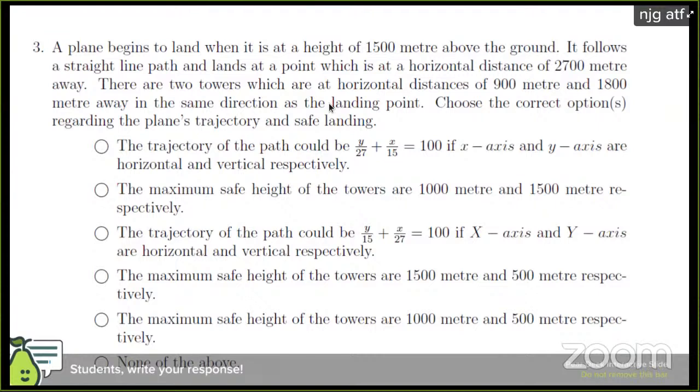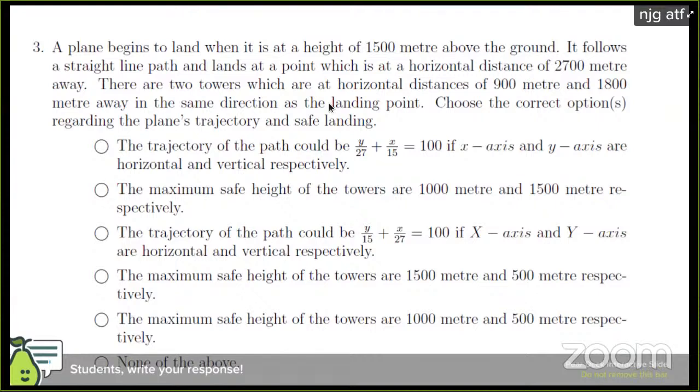Option B says the maximum safe heights of the towers are 1000 meters and 1500 meters respectively. Here, respectively means that the tower at a horizontal distance of 900 meters has a maximum safe height of 1000 meters, and the tower 1800 meters away has a maximum safe height of 1500 meters.